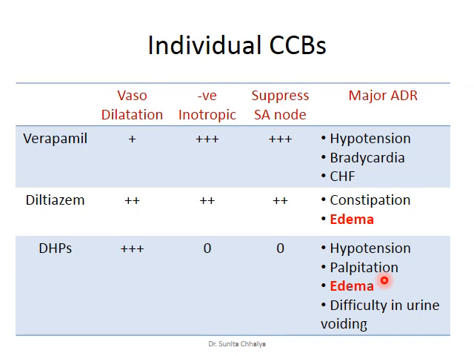So when the precapillary vessels are dilated and the postcapillary vessels are in a constricted state, that increases the hydrostatic pressure and produces an edematous state. So this is the way edema is produced with the dihydropyridine derivatives as well as with diltiazem.